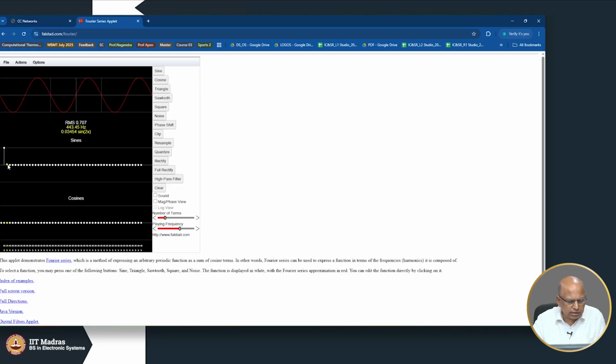So, if I drag this guy, what has happened is I have added the sine plus, in this example maybe half. Okay. So, there is sine omega t plus half of sine 2 omega t. Okay.